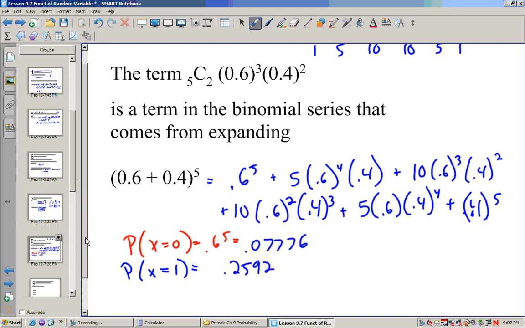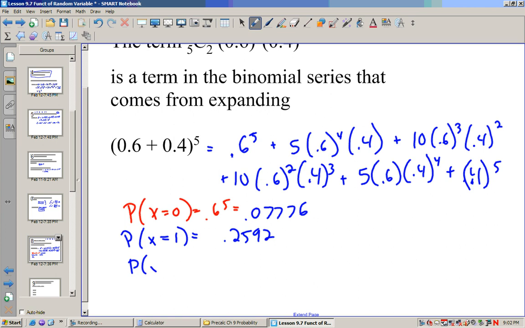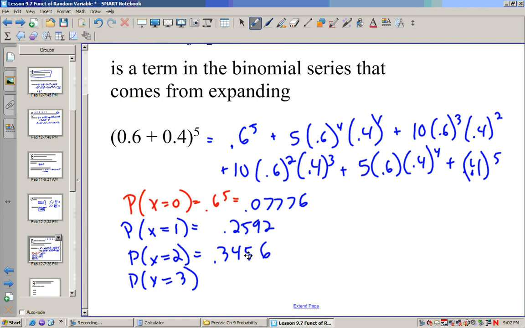The probability that I get 2 heads is going to be 10 times 0.6. Oh, we already did that one, right? That was 0.3456. Now let's do the probability that we get 3 heads. And notice that this is the amount of heads, so we can always tell that this is 0, 1, 2, 3 heads, 4 heads, and 5 heads. So the probability we get 3 heads, we'll just multiply that out.